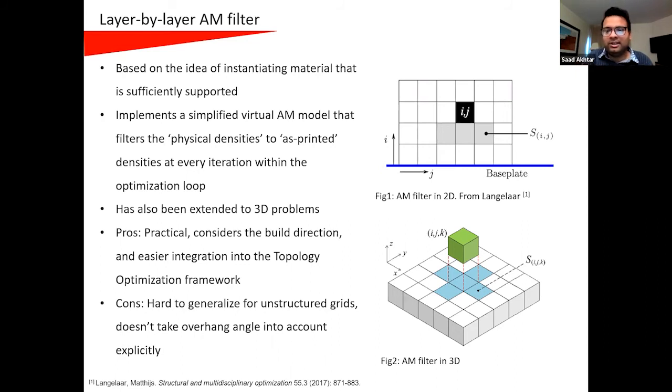So for example, in the 2D case, if the material is supported by at least 3 blocks underneath it, then put it. The authors say that sort of roughly corresponds to 45 degrees. If you want more, you can have more material underneath, like 4 or 5, and so on.